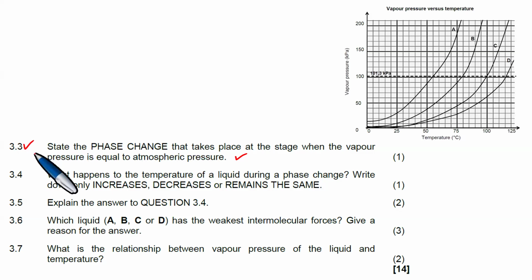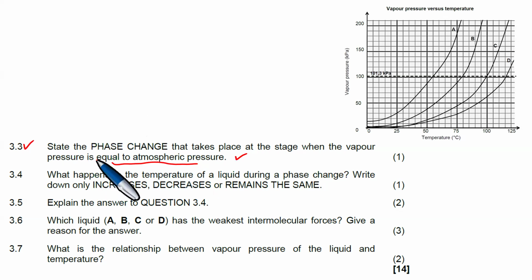Now, when vapor pressure is equal to atmospheric pressure, let's look at water, because we know water much. We use water to bath and so on. We boil water most of the time to make tea and all that.